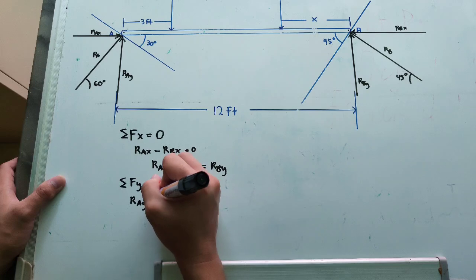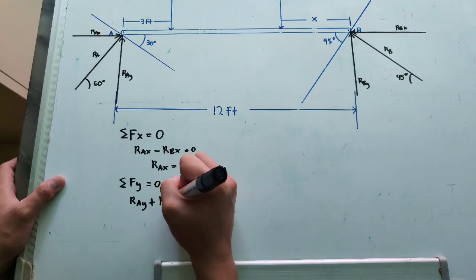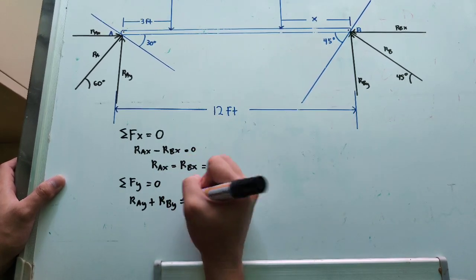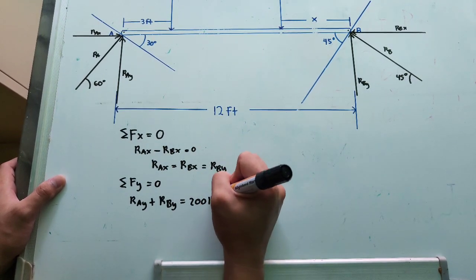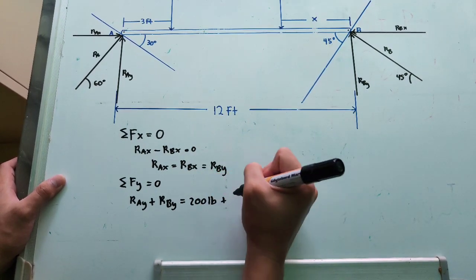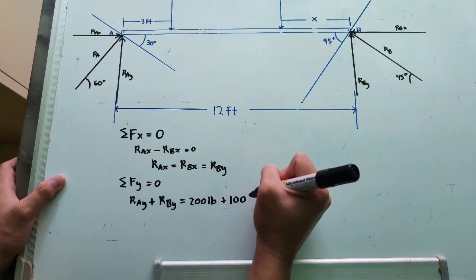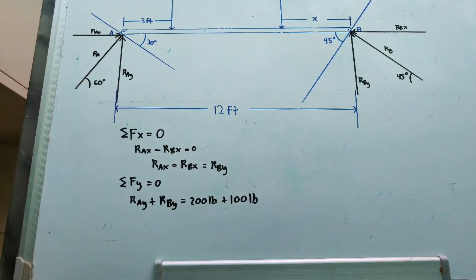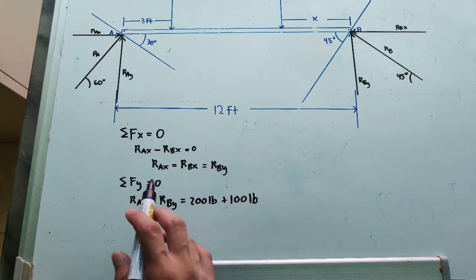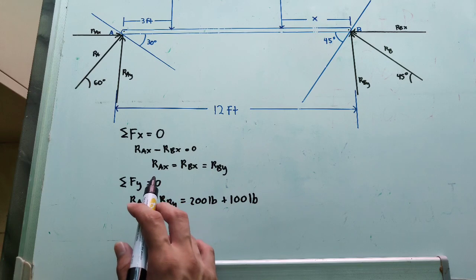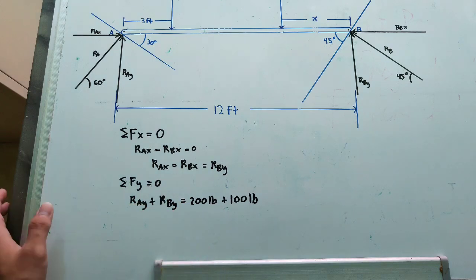RAY plus RBY is equal to 200 pounds plus 100 pounds. Now we take note that RBY is equal to RAX.